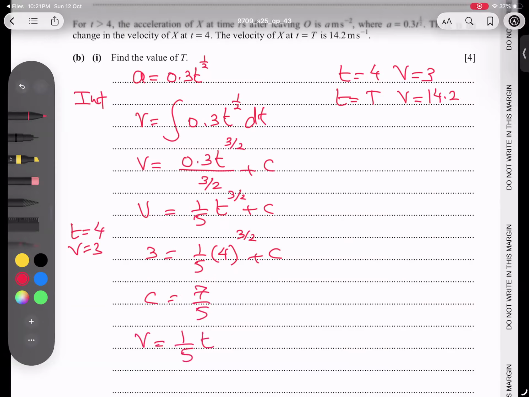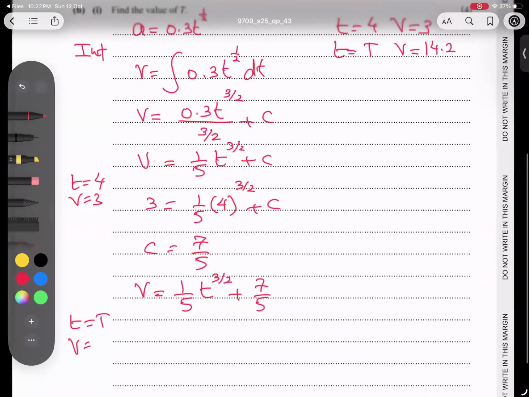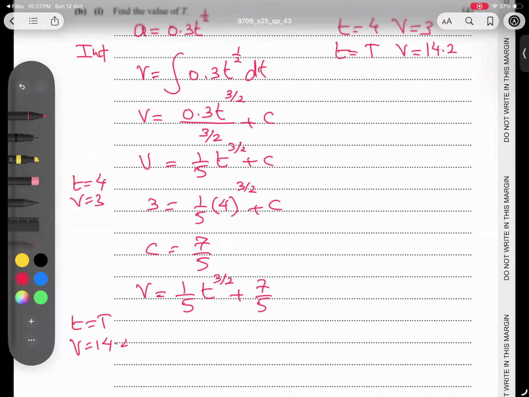And we have to plug in this parameter now to get the unknown t. So I'm keeping this capital T and V is 14.2. So 14.2 is equal to 1/5 capital T to the power 3 by 2 plus 7 over 5.